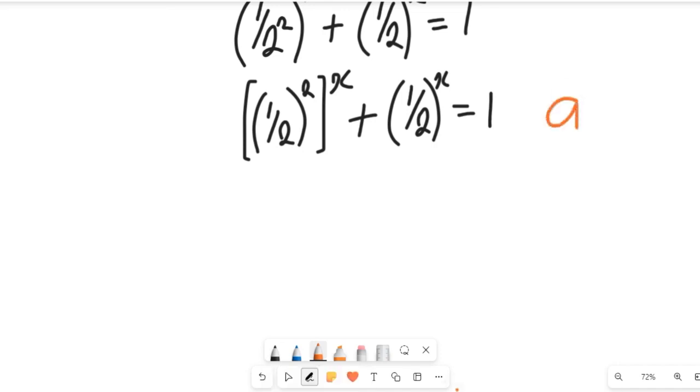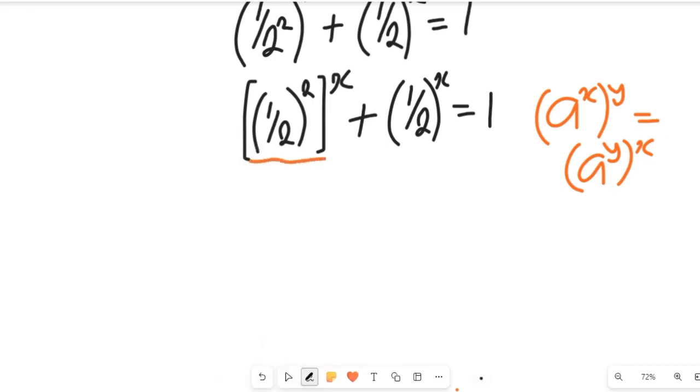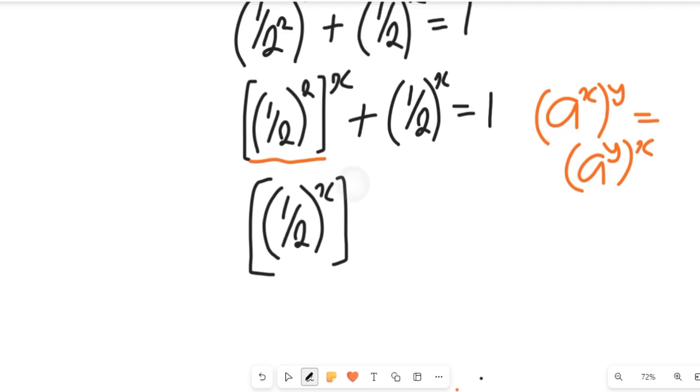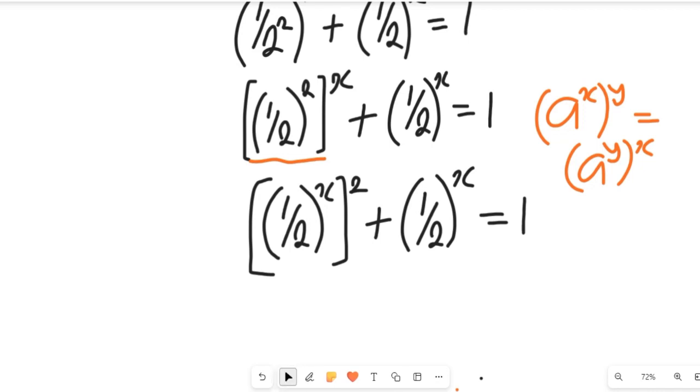If we have a to the power of x multiplied by y, this can be equal to a to the power of y, all to the power of x. So if we apply that over here, we'll have 1 divided by 2 all to the power of x, all squared, plus 1 divided by 2 all to the power of x, and this will be equal to 1.